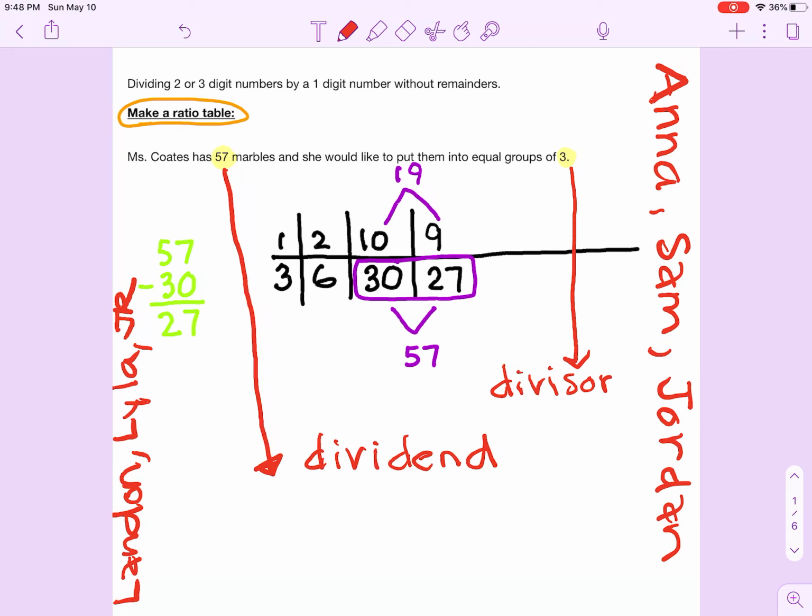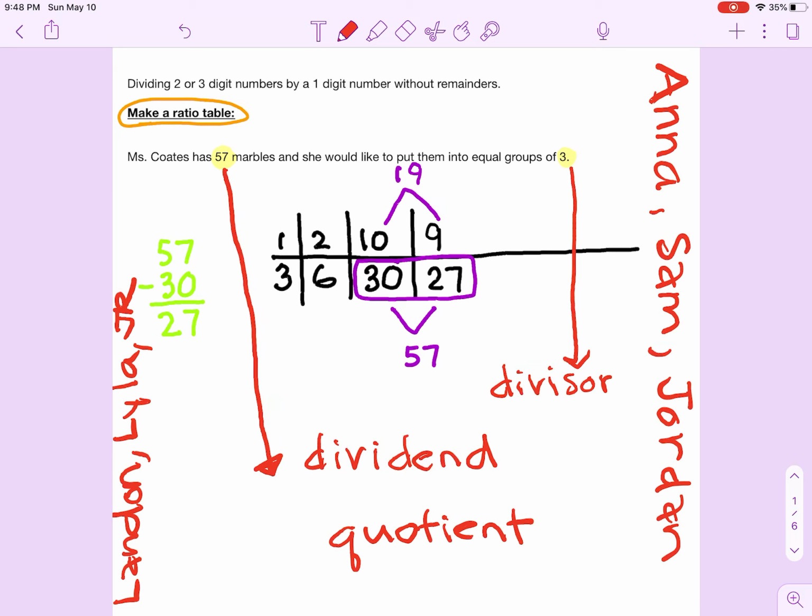Now eventually when we get our answer in division, we call that, of course, a quotient. That answer for today will not have remainders. Sometimes, as you know, when you're dividing numbers, you may have remainders. But for today, we're just going to work with whole numbers with no remainders.